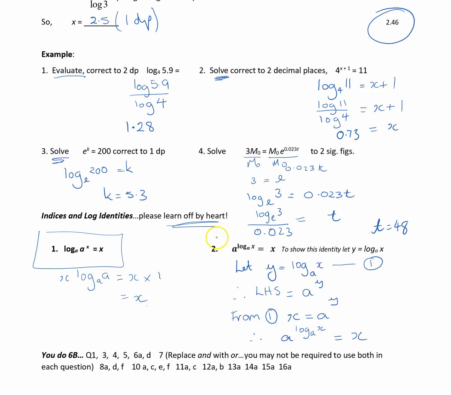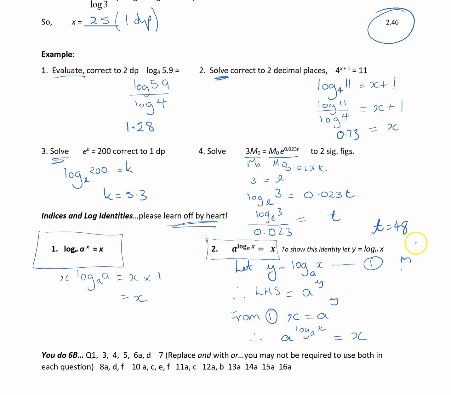And then finally, in general terms, if you've got a number raised to a log, so the power is a log, to that same base as the base here, now that's important, those two are the same base, then that left-hand side simplified is simply x, that number.